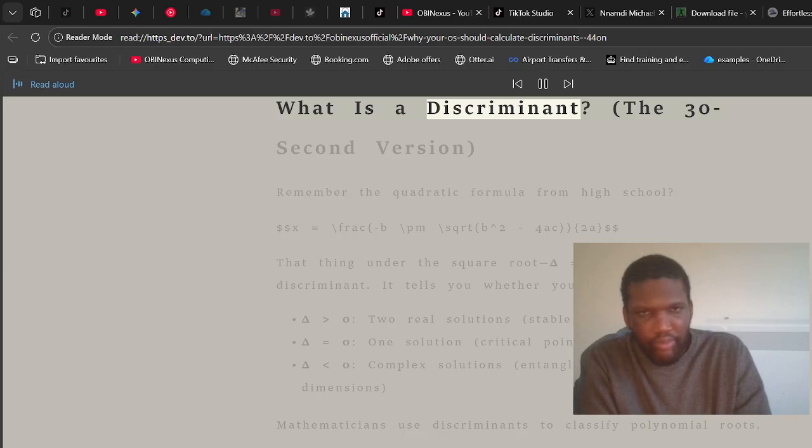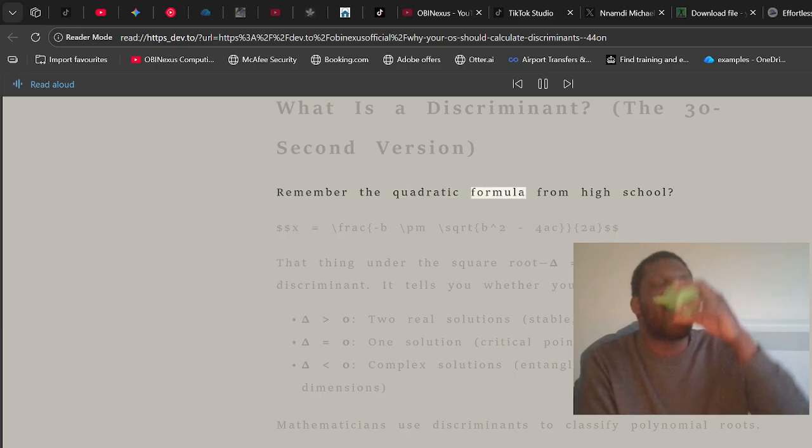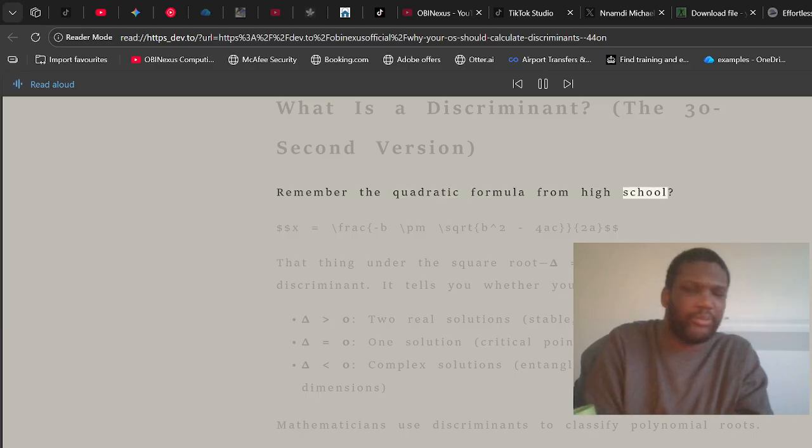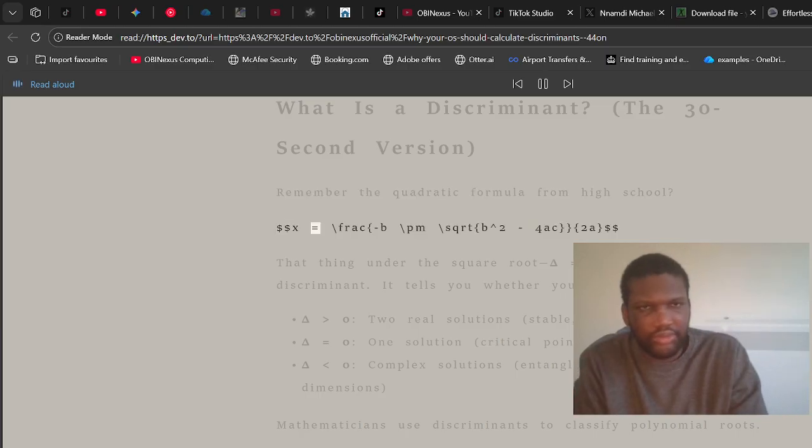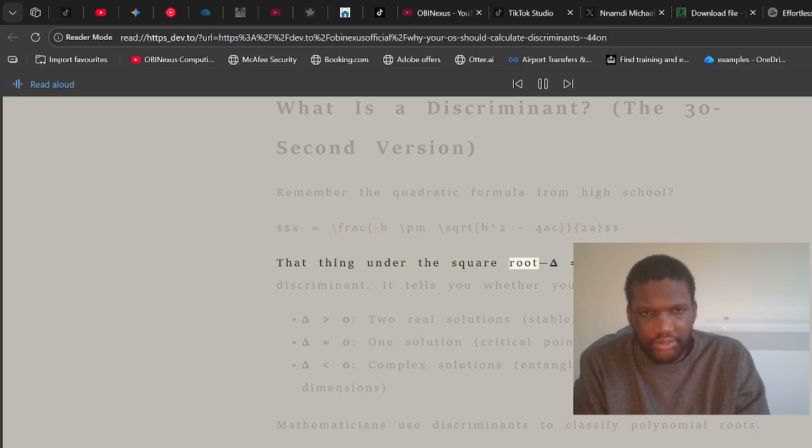What is a discriminant? The 30-second version. Remember the quadratic formula from high school? x = (-b ± √(b² - 4ac)) / 2a. That thing under the square root, Δ = b² - 4ac, is the discriminant.